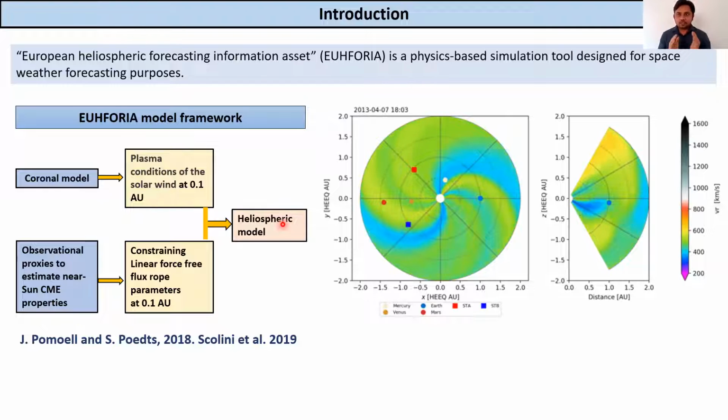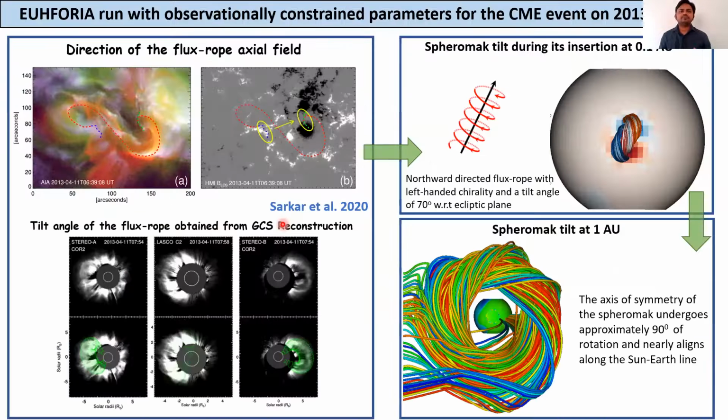Now, with this model, we studied a real CME event. To get realistic space weather forecasting, particularly for prediction of the Bz component at 1 AU, it is important to constrain the magnetic parameters of a flux rope at the lower boundary of the model.